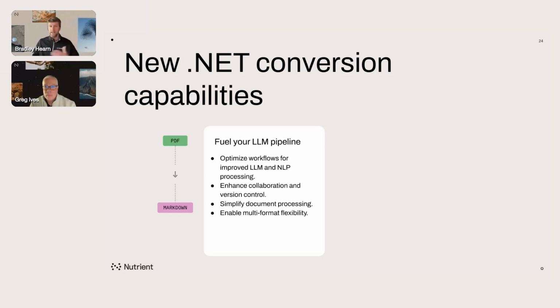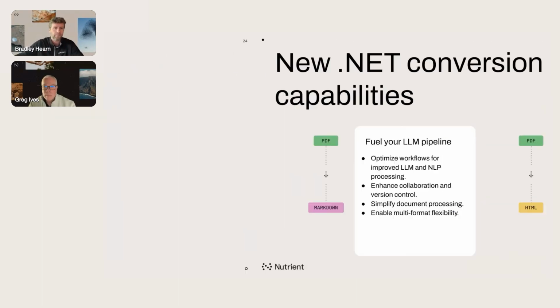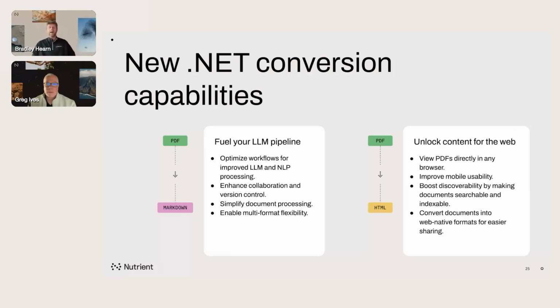So headings stay headings, tables stay tables, sections stay intact. And because Markdown is plain text, it integrates beautifully into Git workflows, version control, and content pipelines. You are not locked into proprietary formats. You are unlocking a new layer of document intelligence and doing it in a format that is fast, flexible, and future-proof.